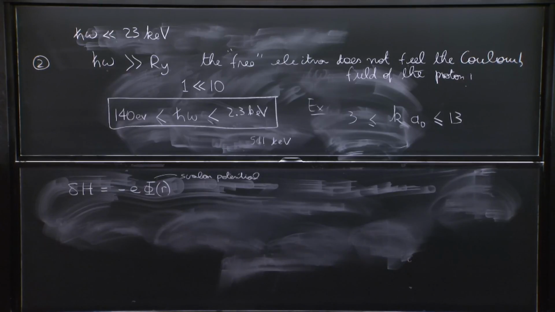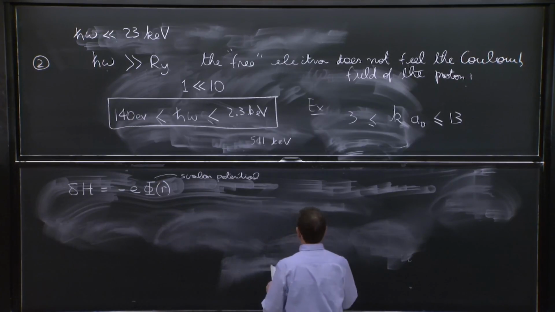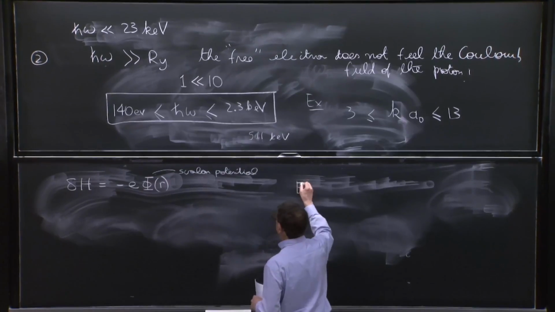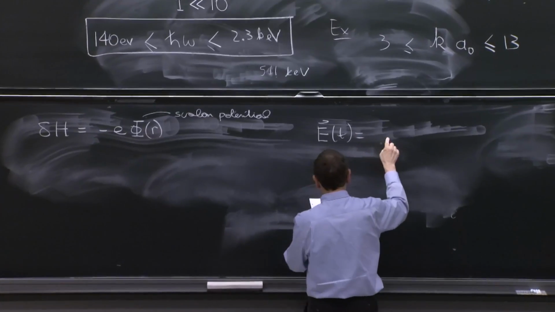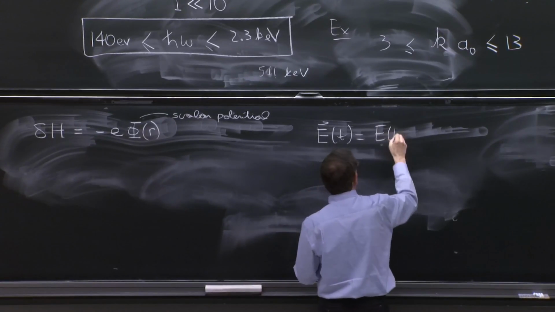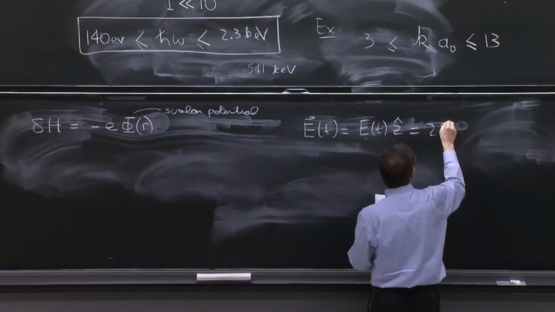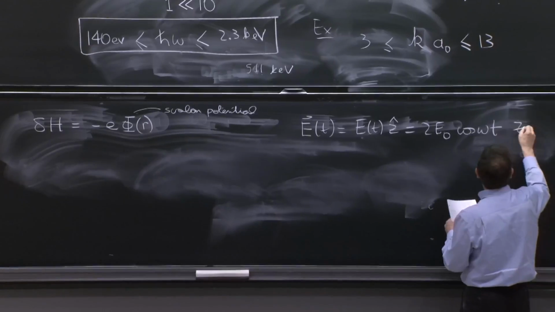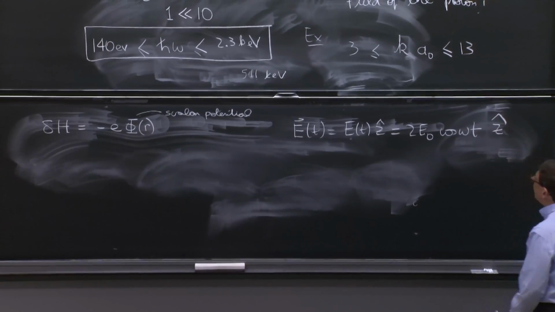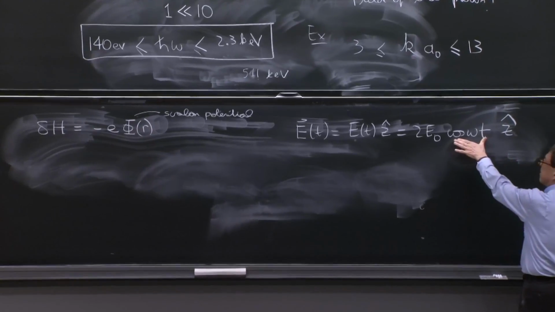So here is our potential, and then we'll write the electric field. Let's see, the electric field. We will align it to the z-axis to begin with. 2E0 cosine omega t times z hat. These are conventions. You see, we align it along the z-axis, and we say it has a harmonic dependence.